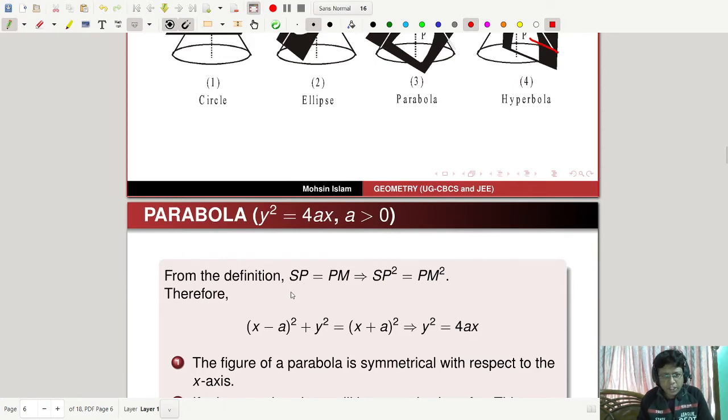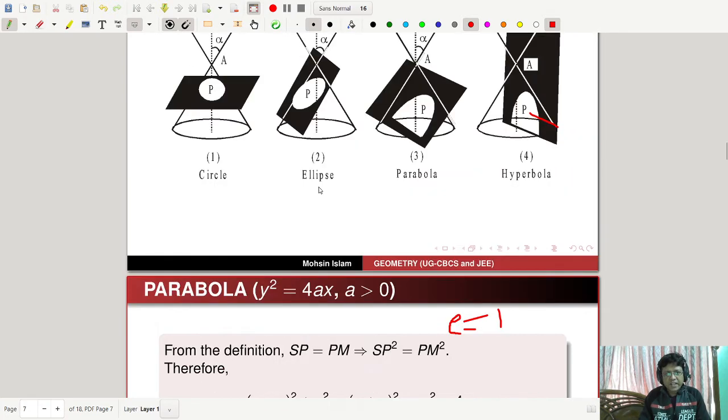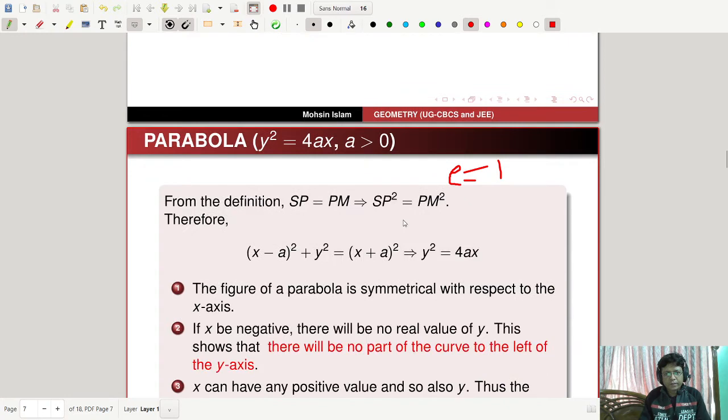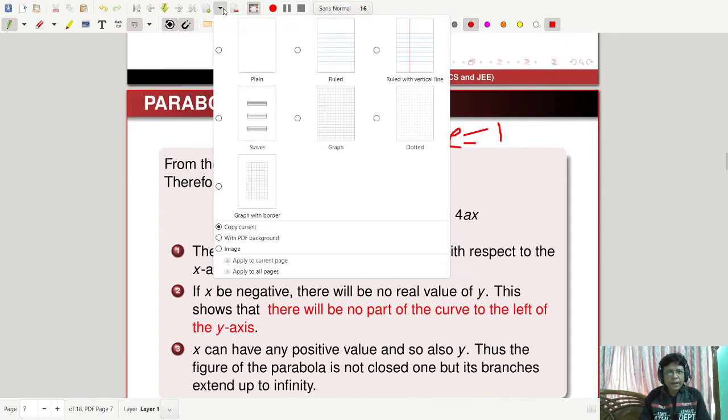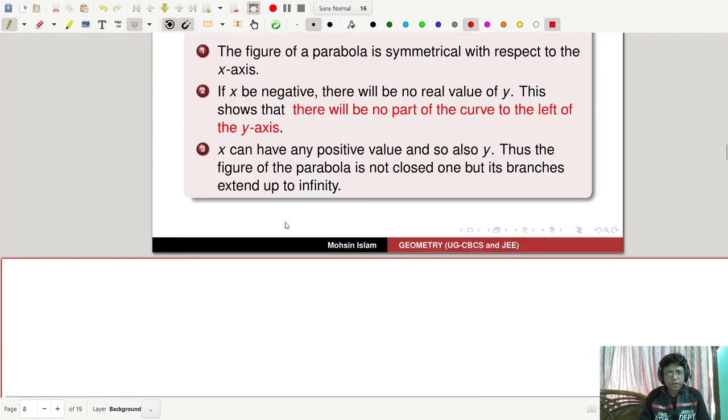Now let us come to the first one, parabola. For parabola, E equal to 1. Let me take a page and illustrate the concept here.